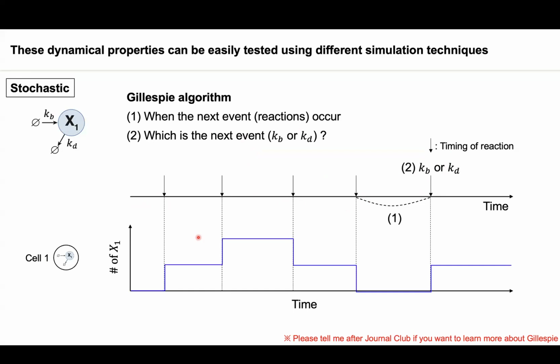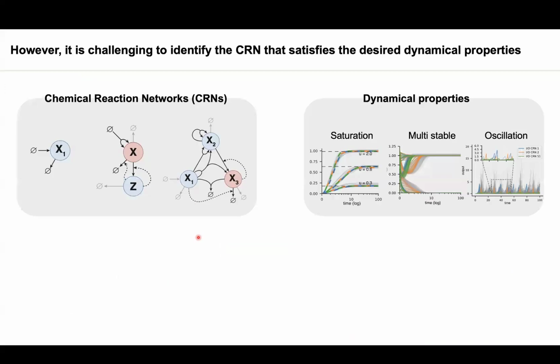Then if we repeat this for multiple cells, we can simulate different trajectories of X1 in different environments. To summarize, from a chemical reaction network, CRN, by using ODE or Gillespie, we can easily know the dynamical properties.